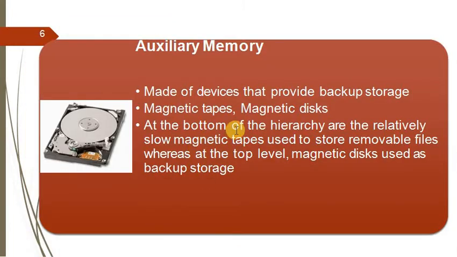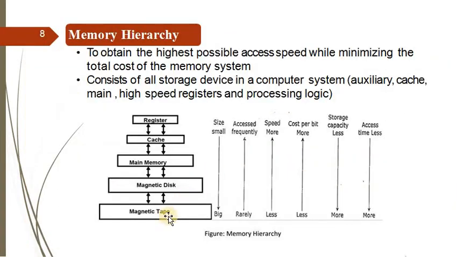At the bottom of the hierarchy are relatively slow magnetic tapes used to store removable files, whereas magnetic disk is used to store backup storage. Magnetic tape is at the bottom, then magnetic disk, then main memory, then cache, then register.